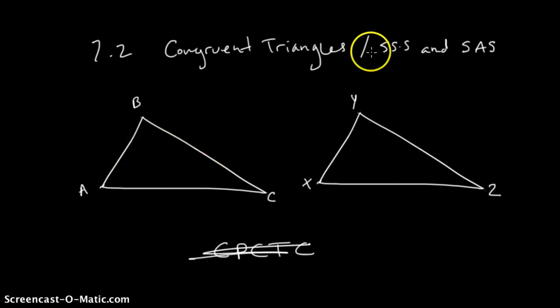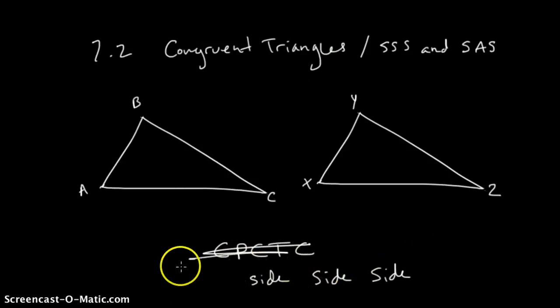The first rule, SSS, stands for side, side, side. What it means is if you have two triangles and their corresponding sides are congruent, then they are congruent as well.